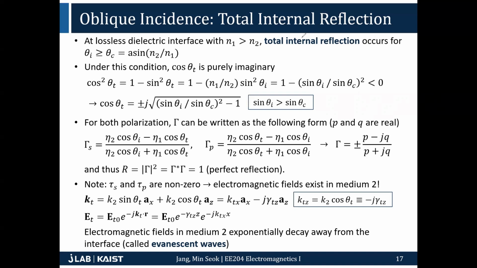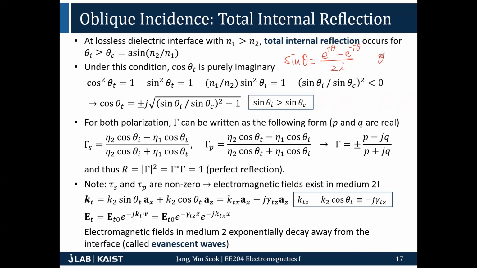So in this case, is theta t a purely imaginary number, or is it undefined? It is defined, but I don't think it's a purely imaginary number. It must be a complex number. Because if it's purely imaginary, think about the sine convention. Sine theta is e to the i theta minus e to the minus i theta, divided by 2i.